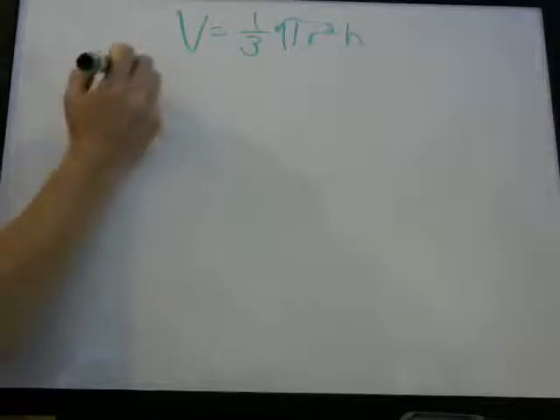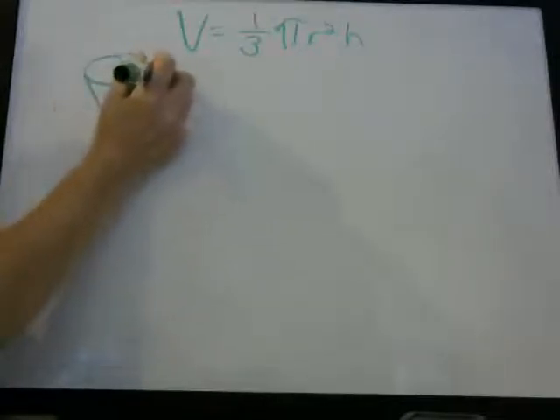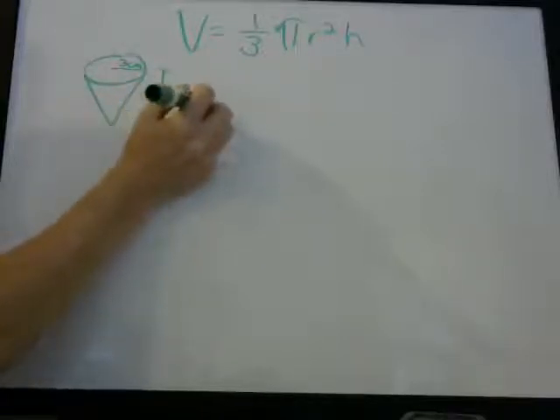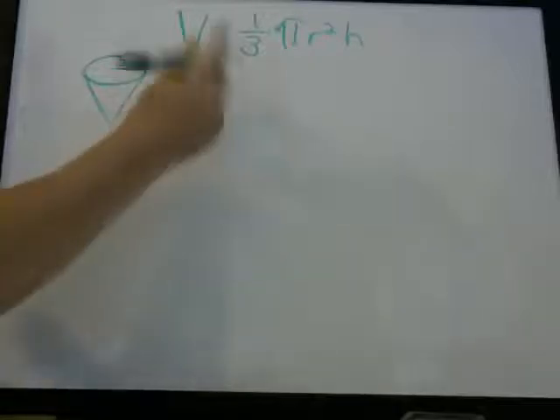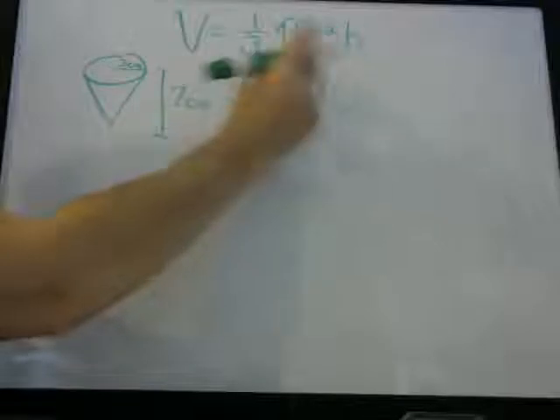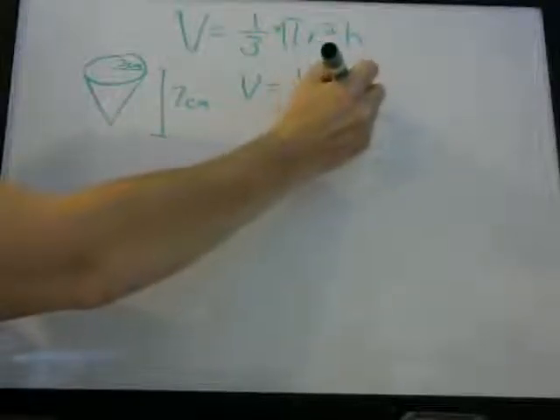So in this example, let's say that the radius is 3 centimeters and that the height of the cone, we'll say, is 7 centimeters. What's the volume? Well, we just plug the numbers in. 1/3, so pi is 3.14.